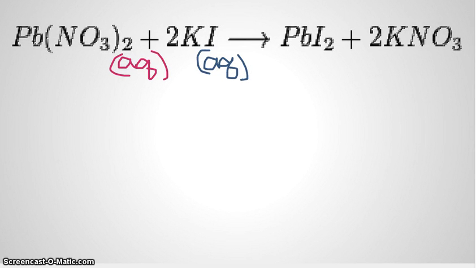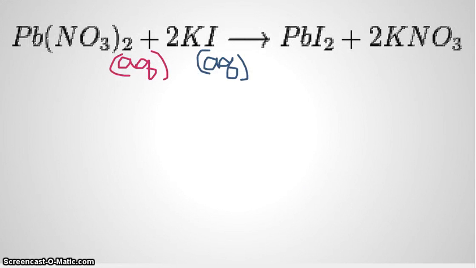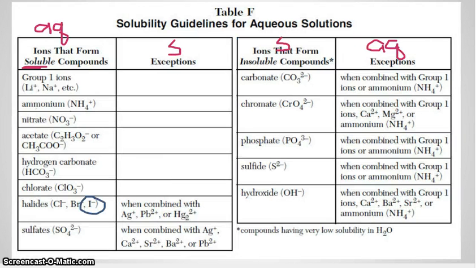So we're mixing two aqueous solutions. And in order for this reaction to take place, one of these over here, either the PbI2 or the KNO3, has to be insoluble. So let's follow the same process here. Again, this is PbI2, so we're going to focus on the anion. This is a lead iodide, so lead 2 iodide. So let's go back to our table, and iodide is still circled down here, the last one we just looked at.